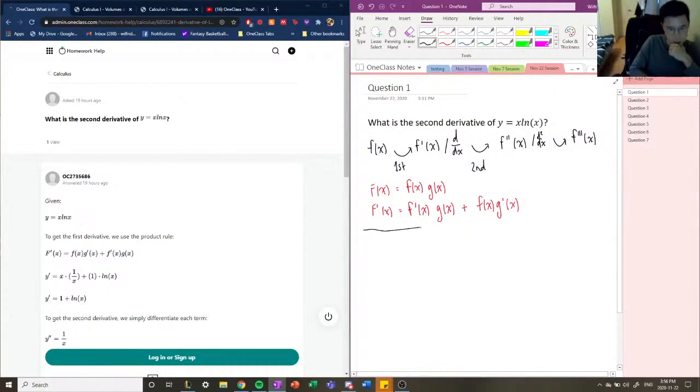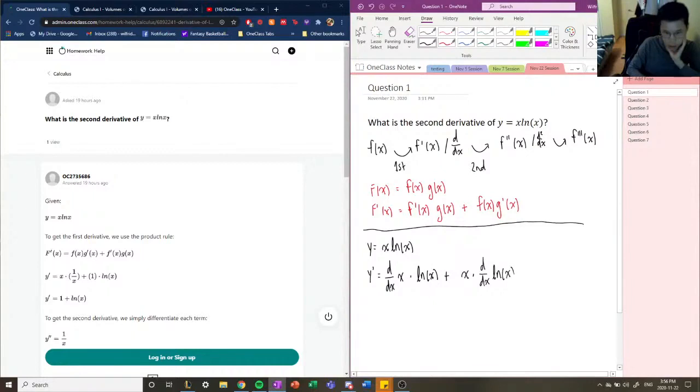So let's write down our question here. Our original function is y equals x ln x. So y prime would be d over dx of x times ln x, plus x times d over dx of ln x.